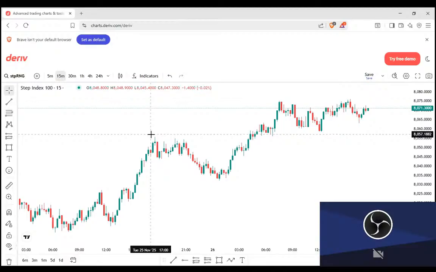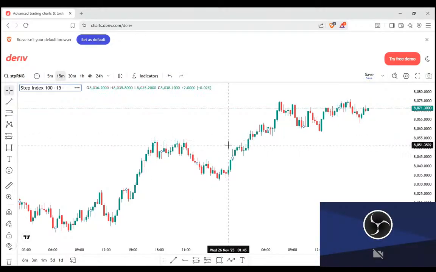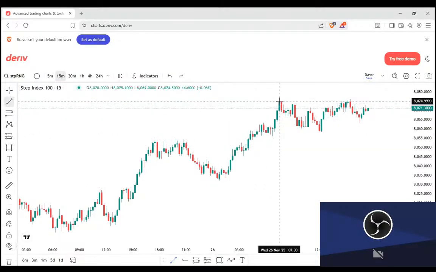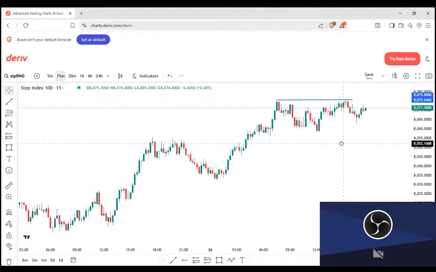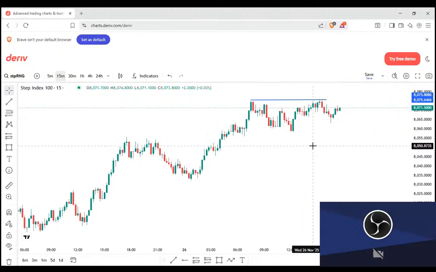Okay, this is a bullish structure swing. Swing all the way to this high, and then the sellers are trying to take position at that zone. And we're having price swinging all the way to the low.